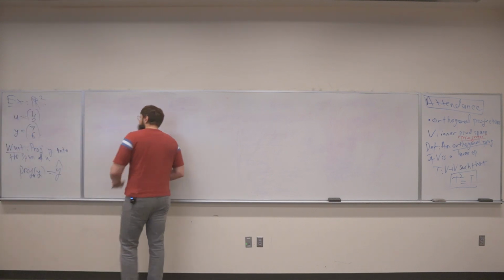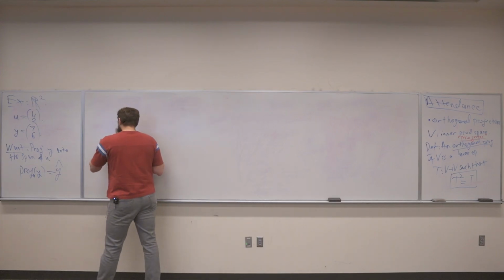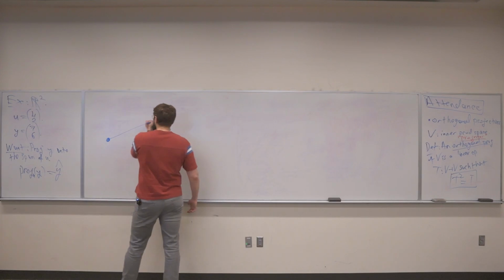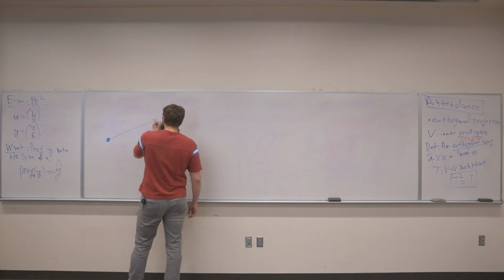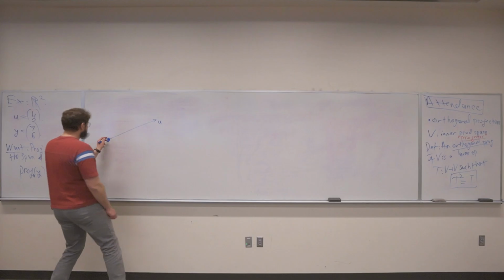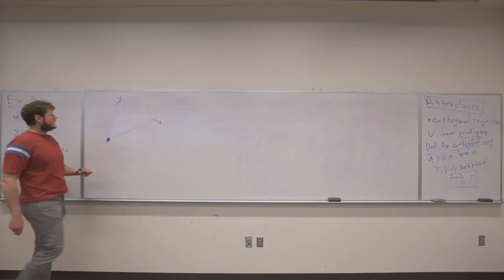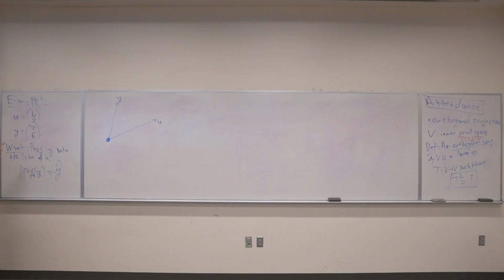I'm not going to draw the coordinate axis. I'm just going to draw the origin, like this. Here's my u, and here is some other vector, y. When I look at these two, I realize these are not proportional.